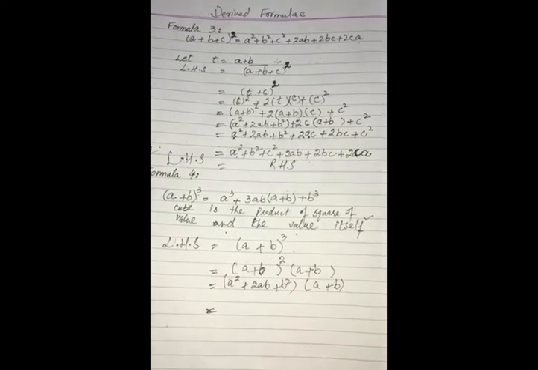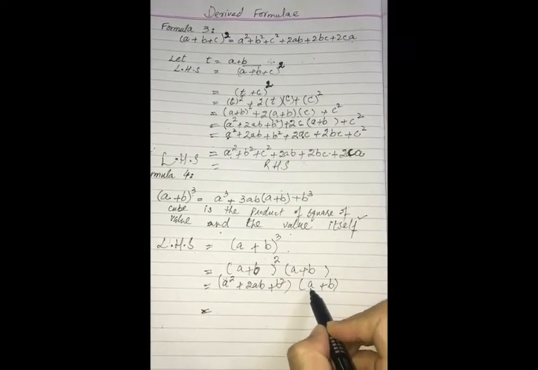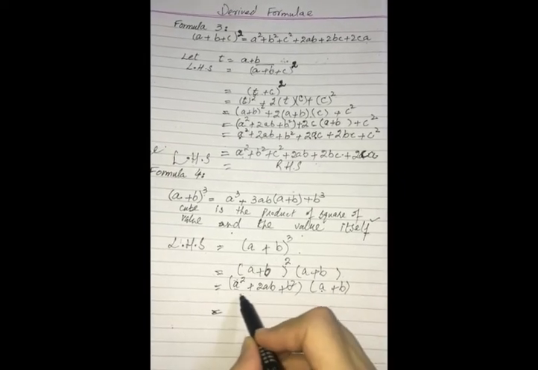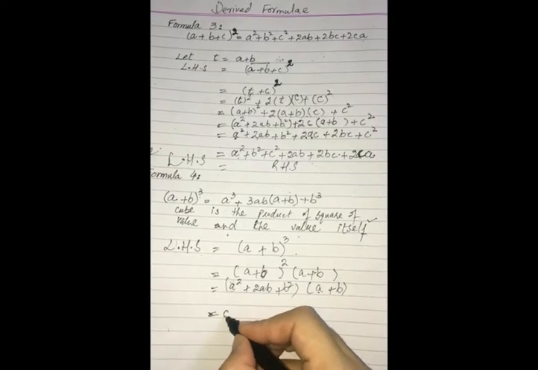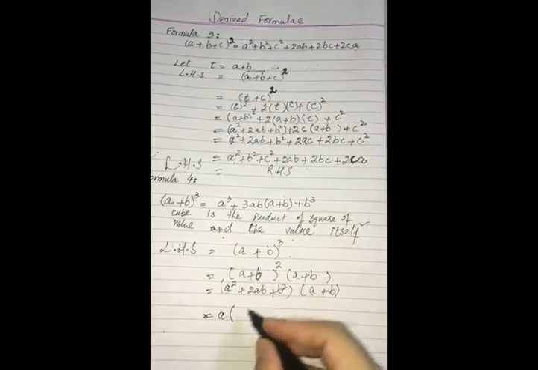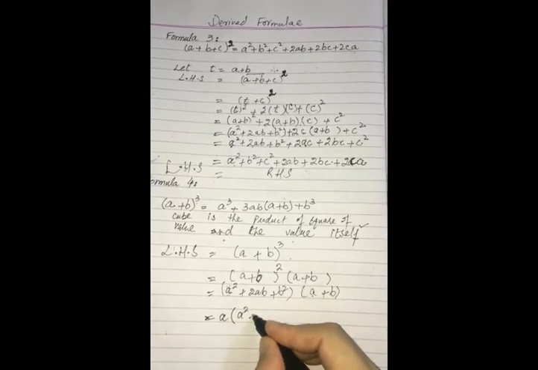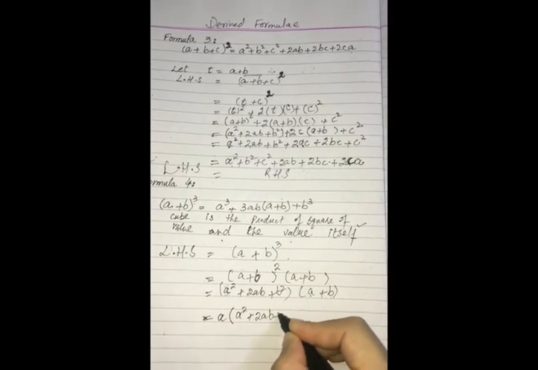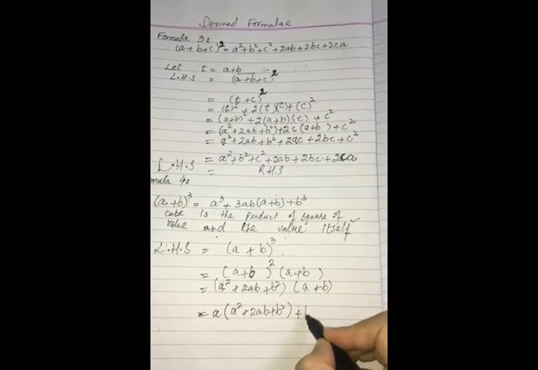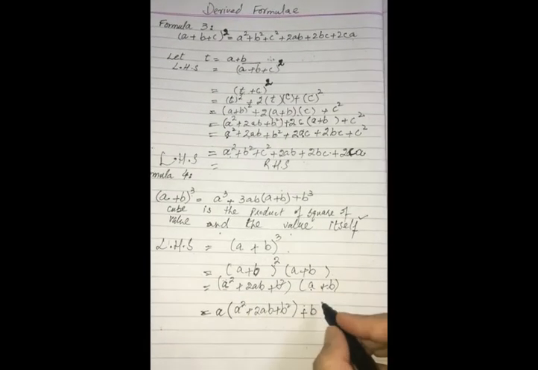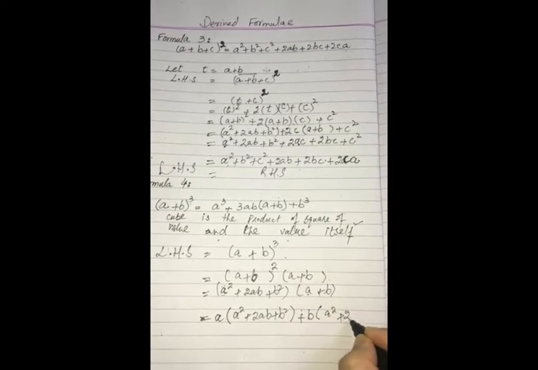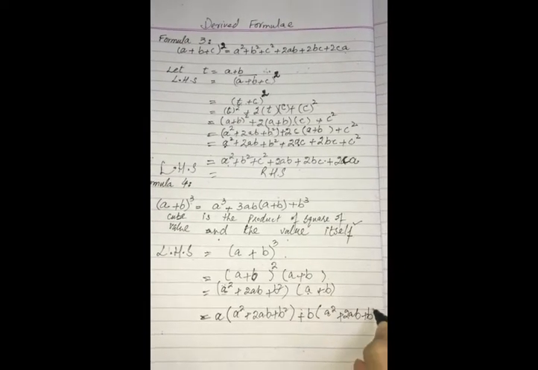Now multiply them. A will multiply with this whole factor and then b will multiply this whole factor. I am going to write it here. This a will be multiplied by a square + 2ab + b square, and then this plus sign comes here, and b will multiply with this whole expression, a square + 2ab + b square.